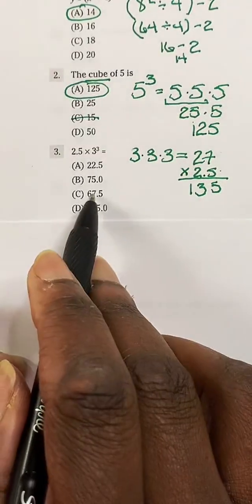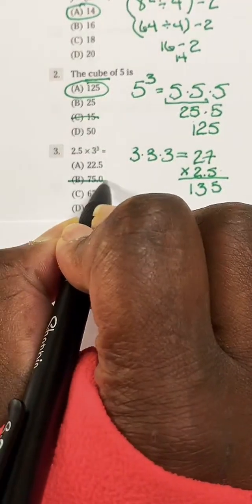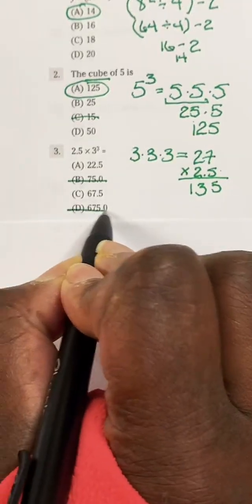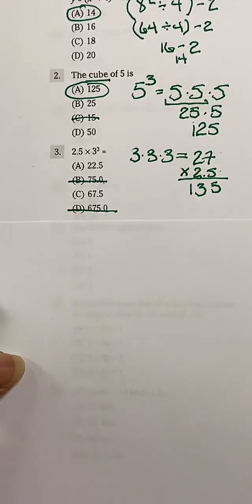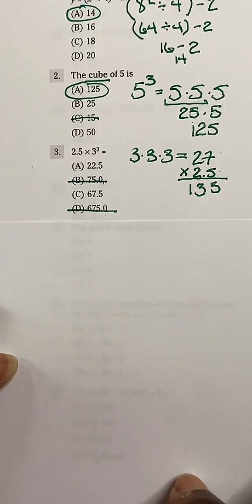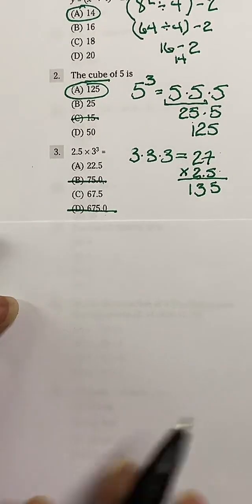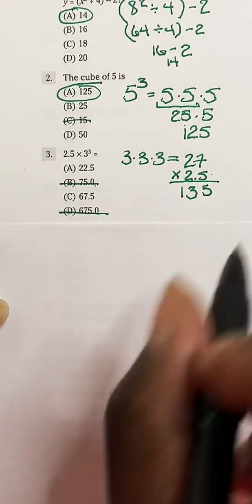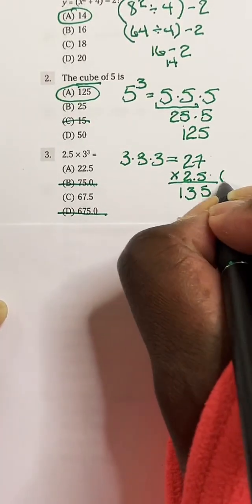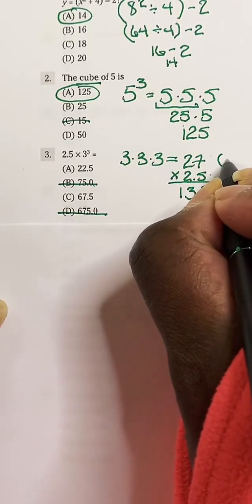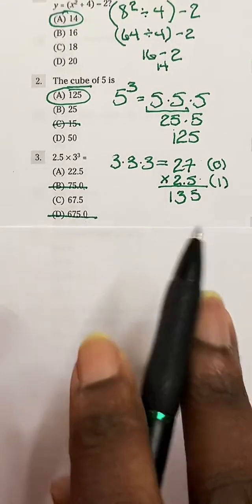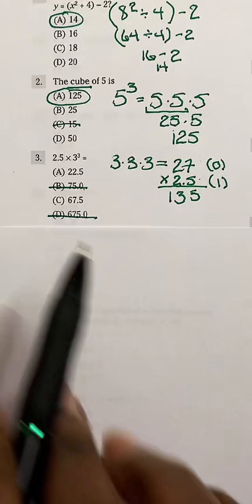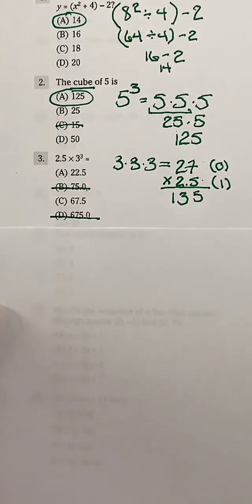Knowing that right away, I can get rid of my B and my D because both of them end with a 0. And you're probably like, well, Audrey, if you add it all together, it could happen that way. Yeah, but this is 1 decimal place. Since this has 1 decimal place and this doesn't have any decimals, my answer has to have 1 decimal place. Just knowing a little bit of that, you can do your process of elimination.